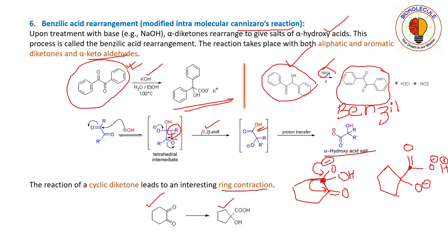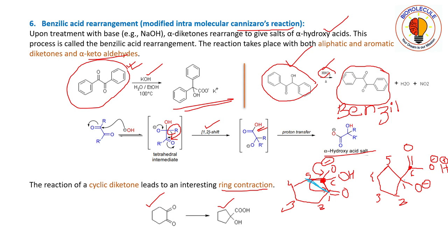So now you see over here that this was the 1, 2, 3, 4, 5, 6 carbon, okay. So now this is the 1, 2, 3, 4, 5, 6. So you see that if you join the bonds between 1 and 5, okay, I'm joining the bonds between this 1 and 5 carbon.